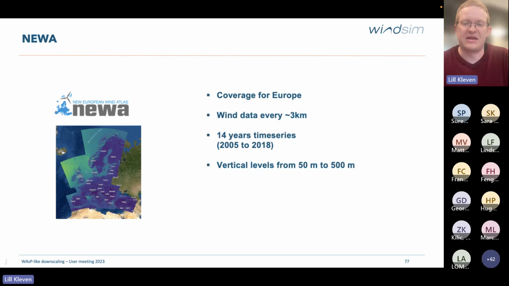As input data, we use the new European Wind Atlas, which has great average wind speeds. It has coverage for the entire Europe at a resolution of about 3 kilometers, and the data that's available online spans about 14 years and vertical levels from 50 to 500 meters.